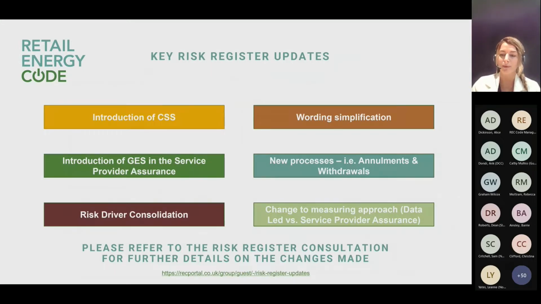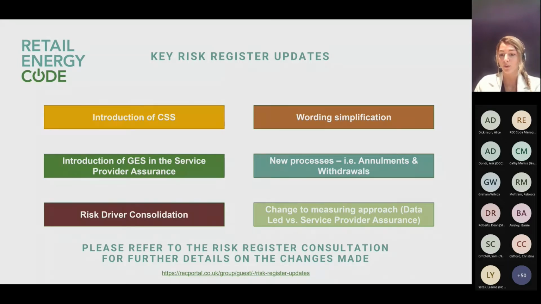So the changes have been mainly around the introduction of CSS. And as part of this, it also covered the introduction of the CSS service provider assurance work that we do. We took the opportunity as well to consolidate some of the risk drivers and simplified them, because we got feedback that it could be simplified.